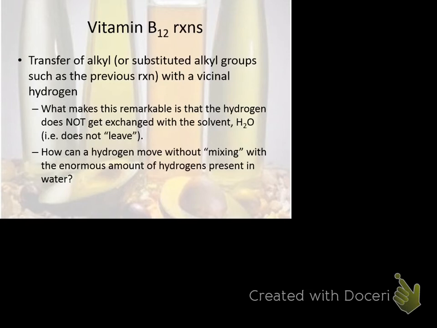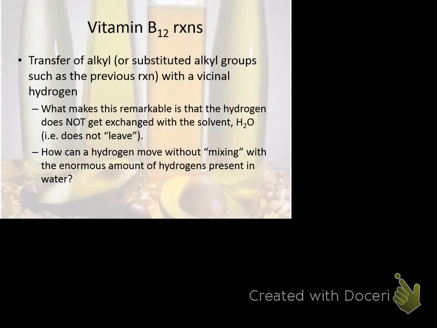But what makes this different than anything else that we've seen? In the past, we've seen things remove hydrogens because the hydrogen can get exchanged by the NADH, by the water, or something like that. It becomes a proton and so it gets plucked off. But what's remarkable about this is it does not leave. It cannot be plucked off by the water.